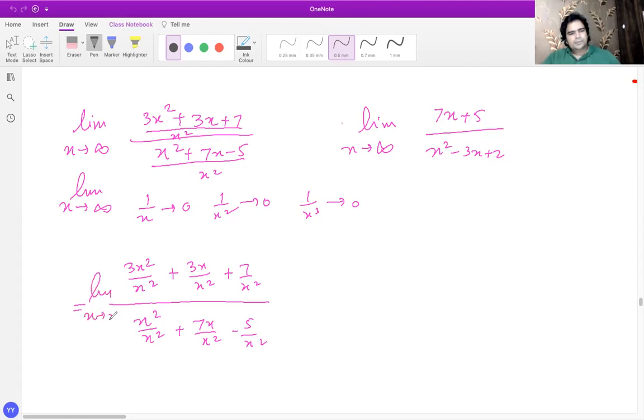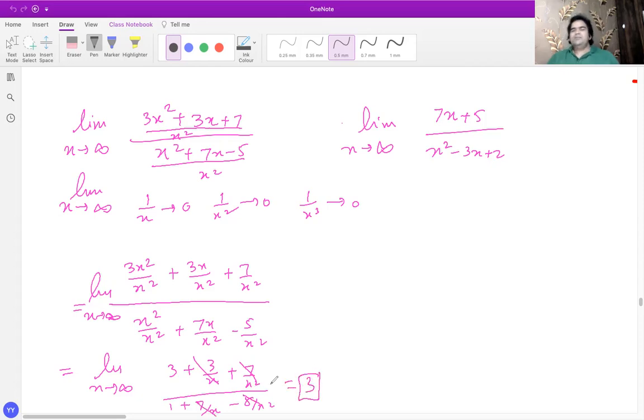So we get the limit as x tends to infinity of 3 plus 3 over x plus 7 over x squared, over 1 plus 7 over x minus 5 over x squared. Since these terms come close to 0 as x tends to infinity, the value of the limit is 3.